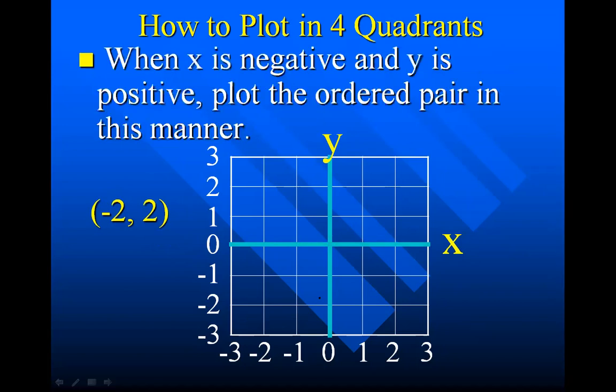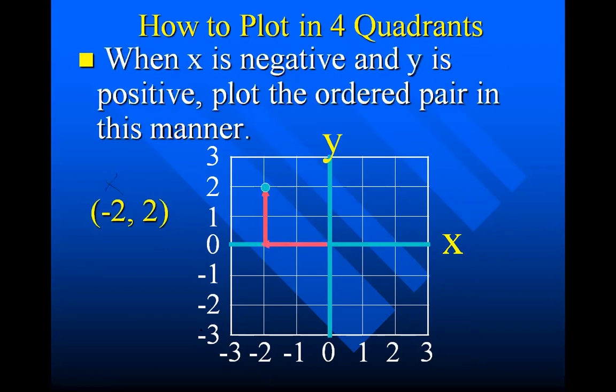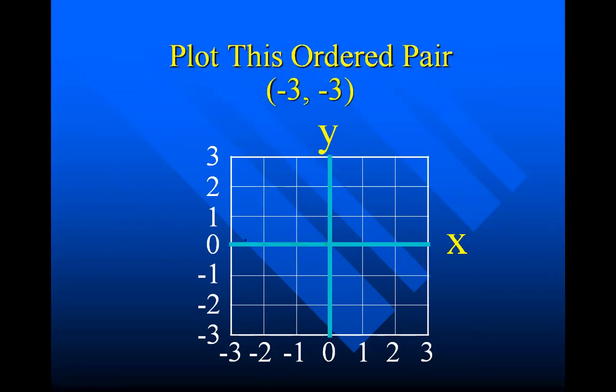Okay. And here is negative 2 and 2, the same: negative 2 in x and 2 in y. Here is the point. Next, negative 3 and 3, you move in x. Don't forget, start from x until you reach y.